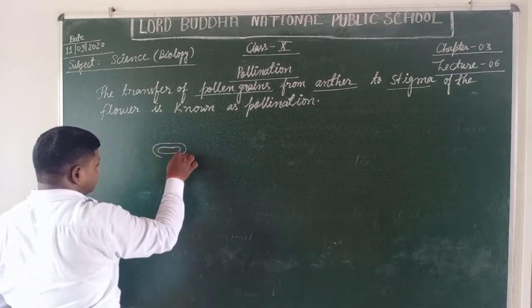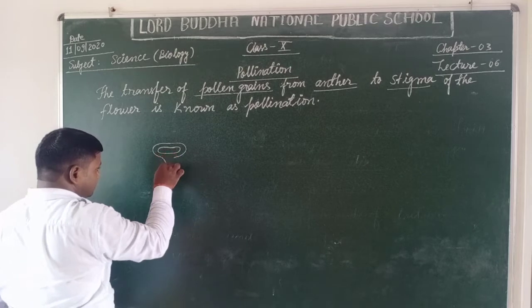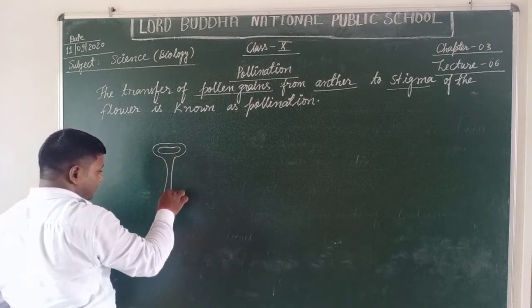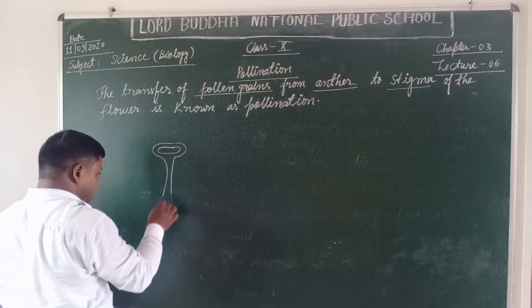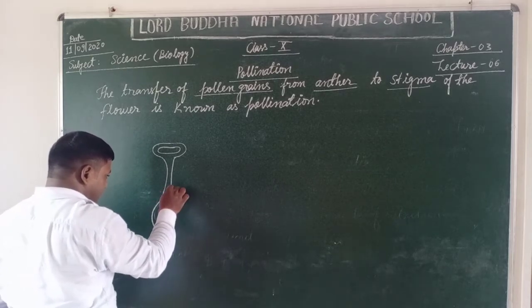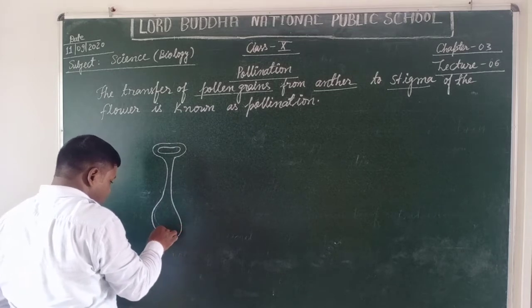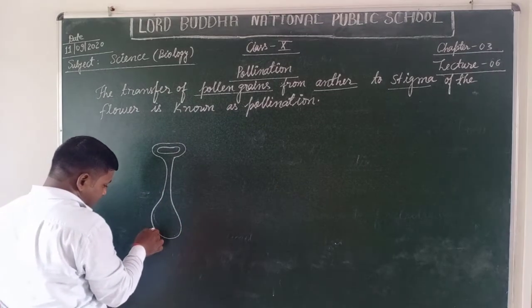This is the female reproductive part of the flower, that is the gynoecium, which you can also call the pistil or carpel.